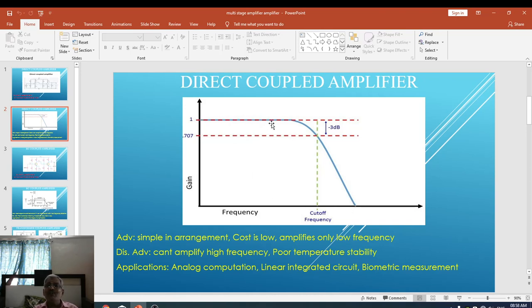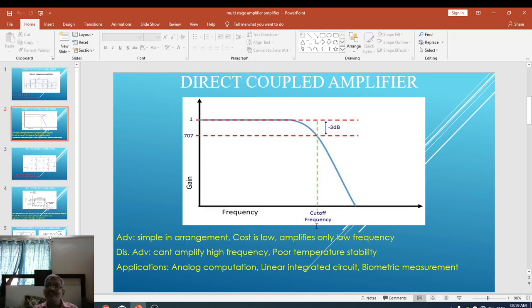If you look at this graph, when frequency is 0, you can get the maximum gain of that particular amplifier. Means for 0 frequency, you can get the gain maximum.